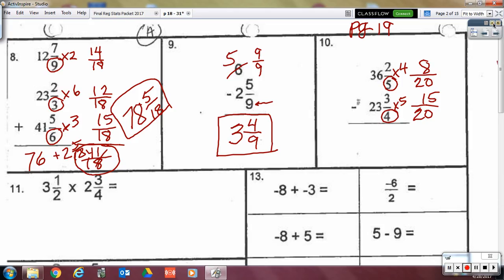Okay, so the problem is that you cannot do 8 minus 15, so I have to borrow. So I'm going to borrow and make this 35. Okay? And when I borrowed, what am I adding to this little guy right here? 20/20ths. I'm adding 20/20ths.